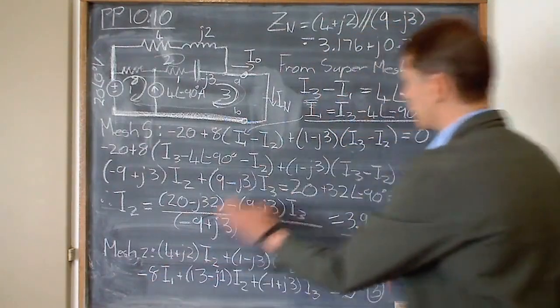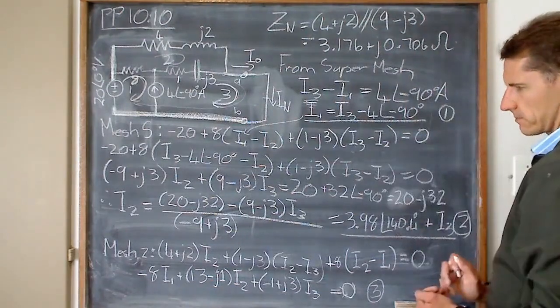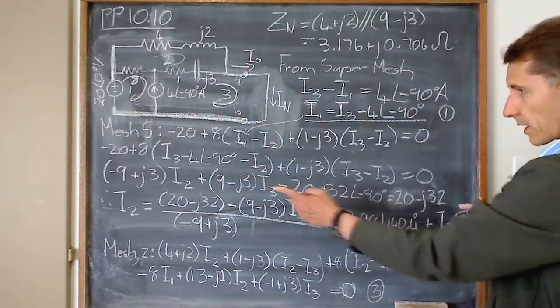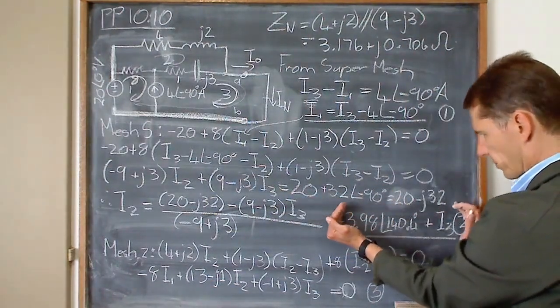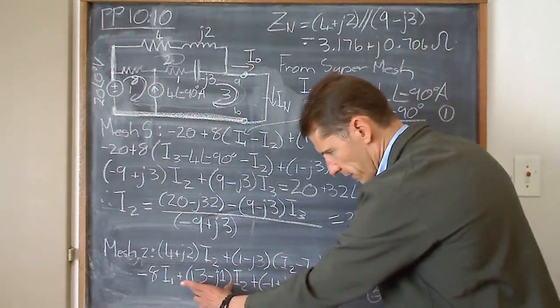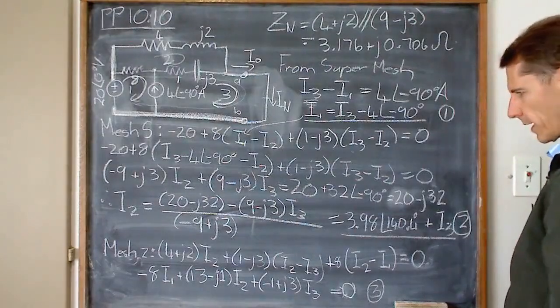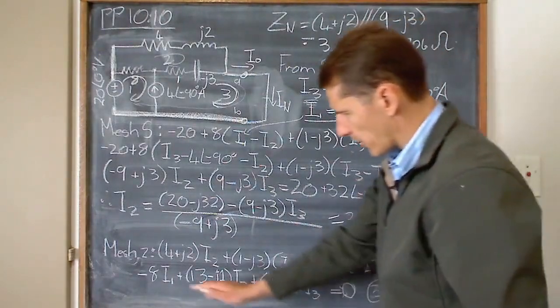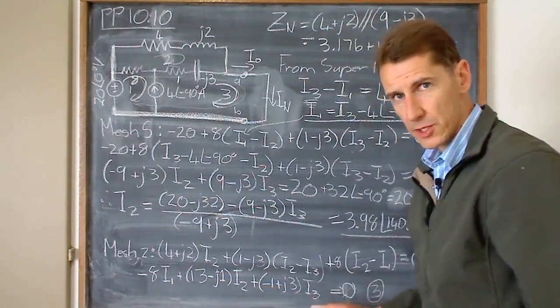So you're going to get minus 8 times this. Then you're going to take I2, this part, plug it into I2 and multiply it by the 13 minus j1. And then you get everything in terms of I3.